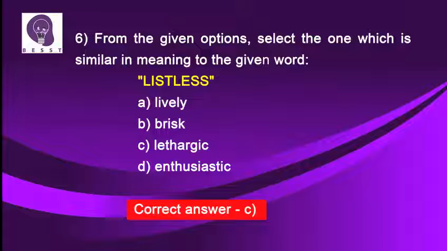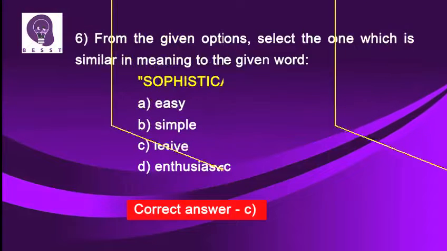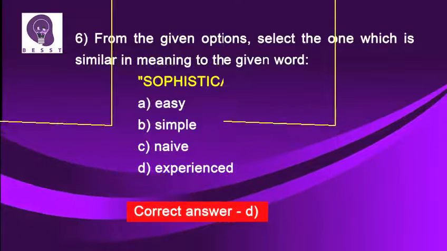So lethargic and listless have the same meaning. Let us see option D, that is enthusiastic. Enthusiastic means active and energetic. So from these four options, option number C, lethargic, is correct as it has the same meaning as listless.